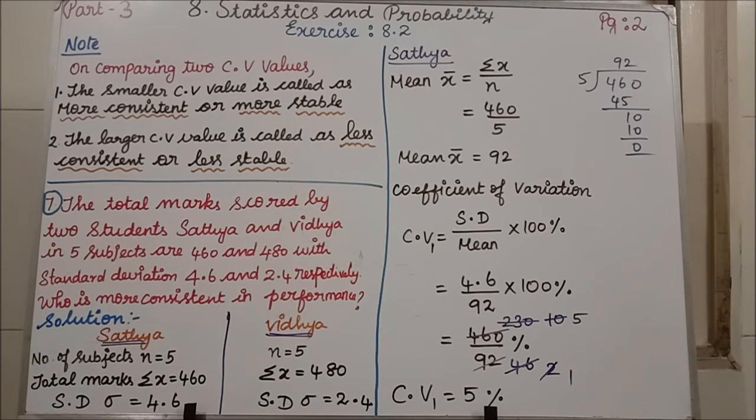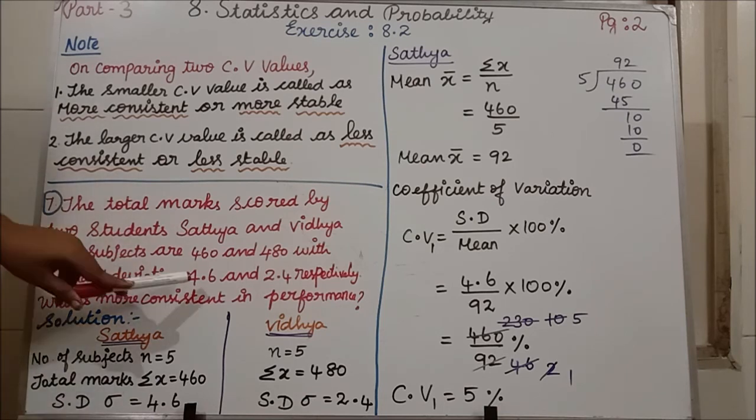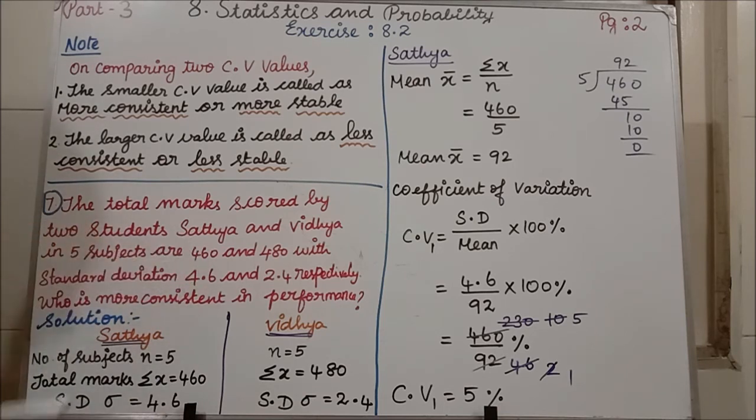See, Satya we are going to calculate separately and Vidya separately. For Satya, the number of subjects is 5. The total marks she has scored, summation of x, is 460. In the question they have given the standard deviation for Satya as 4.6, so sigma is equal to 4.6.